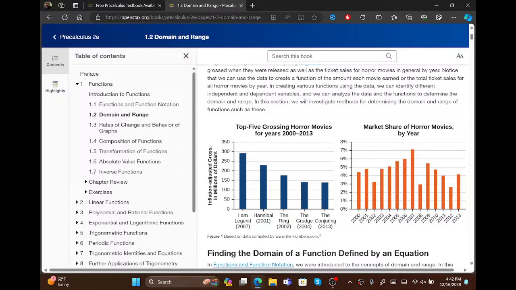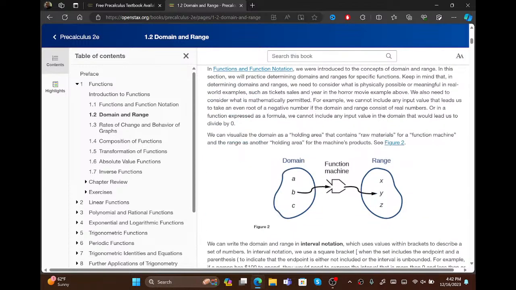So the year is the x-axis, the percentage is the y-axis. That's all that means.